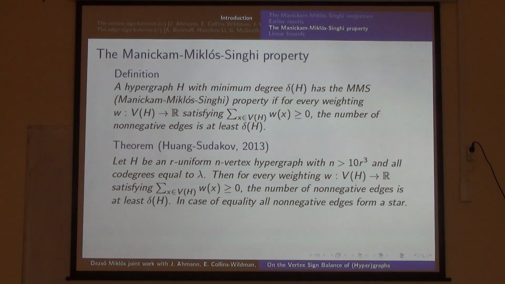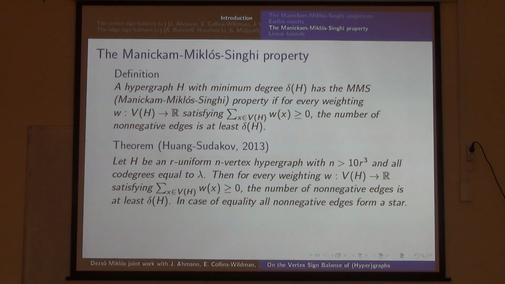So if we are given a hypergraph, and we assign weights to the vertices of the hypergraph, these are numbers whose sum is positive, then the question is, what is the minimum number of non-negative edges? If you consider the hypergraph to be the complete k-uniform hypergraph, then this is exactly the Manickam-Miklós-Singhi question, but you can ask this question for any kind of hypergraph.